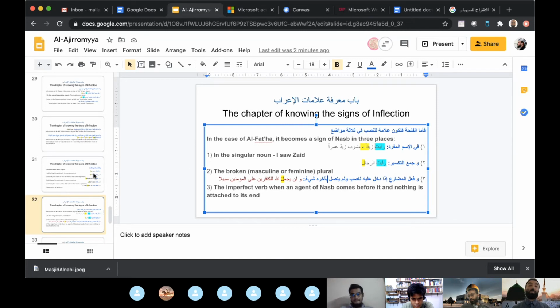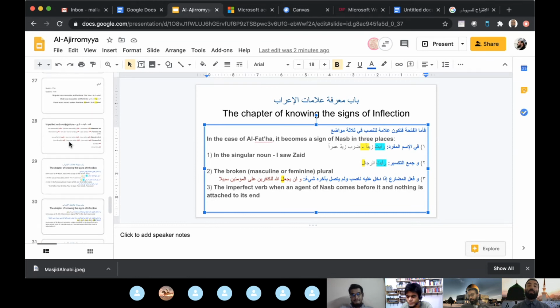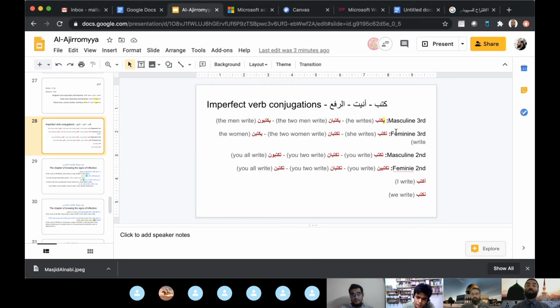If we go back to the previous slide, you remember when I broke this down for you, I said this alif is a pronoun, this waw is a pronoun, this alif is a pronoun, this ya is a pronoun, the alif in both of these is a pronoun, the waw here is a pronoun.